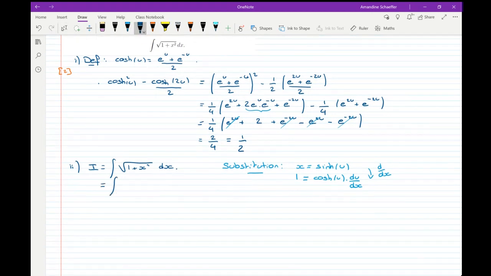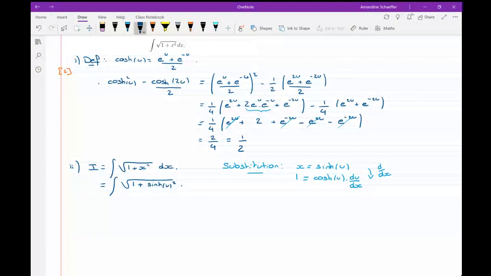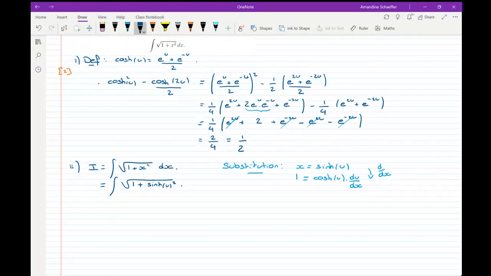So using this substitution, I get the square root of 1 plus sinh of u squared, times dx, and dx is cosh u du. Just making sure there's no x left. Either you have everything with x, like the first line, or everything with u, like the second line. I don't want to see a mix of both.